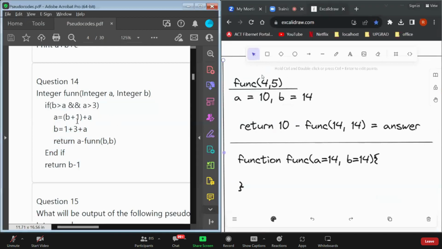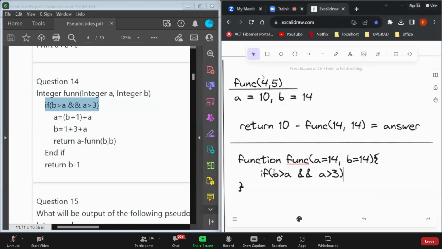So according to the question, initially we have a condition here. Let's see if the condition is true or false. If b is greater than a and a is greater than 13. Here value of a is 14, value of b is also 14. So this condition itself is false. 14 greater than 14, the condition is false.